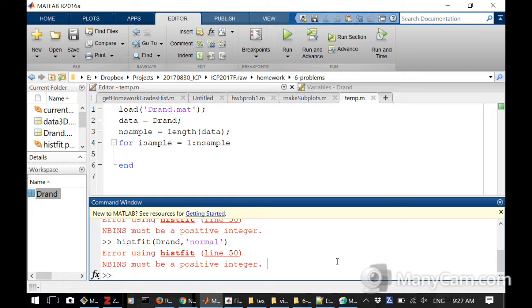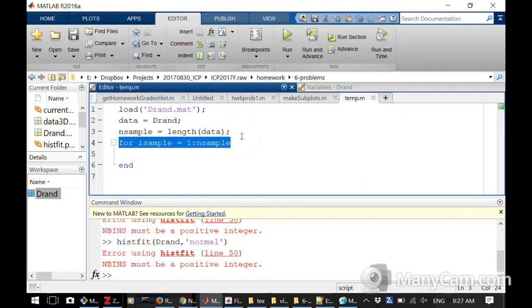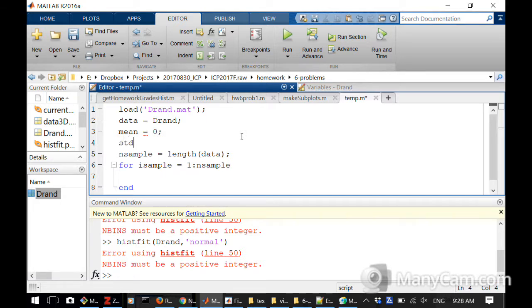For example, first of all, we need to define the two parameters: mean, which is 0 in our case, and stdev, the standard deviation, which is 1 for the moment, right?